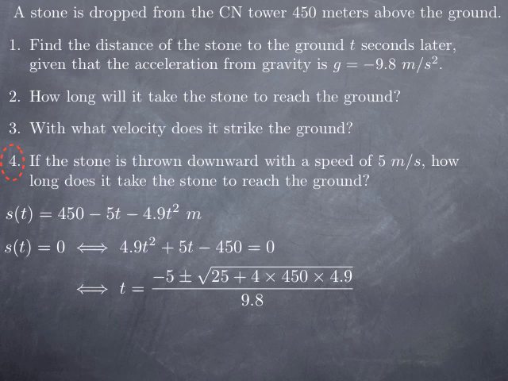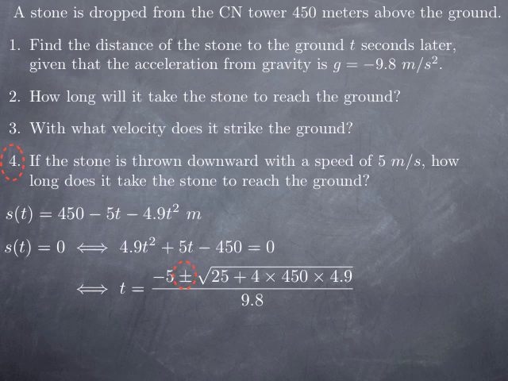We can solve it, for instance, using the quadratic formula, and we get formally 2 possible times. However, you see that under the square root we have something strictly greater than 25, so if I pick the negative sign, I would get negative 5 minus something positive, and in any case we would get a negative time.